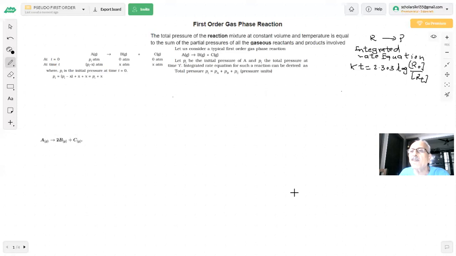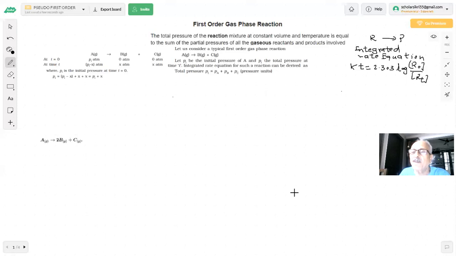Very important formula. Here R0 is the concentration of the reactant at time t equal to 0, and Rt is the concentration of the reactant at time t. So the original concentration, and how much is left after time t, that is my Rt. And questions will be asked on this basis.